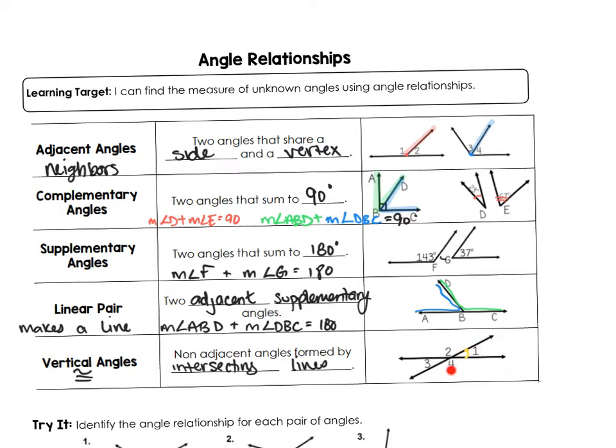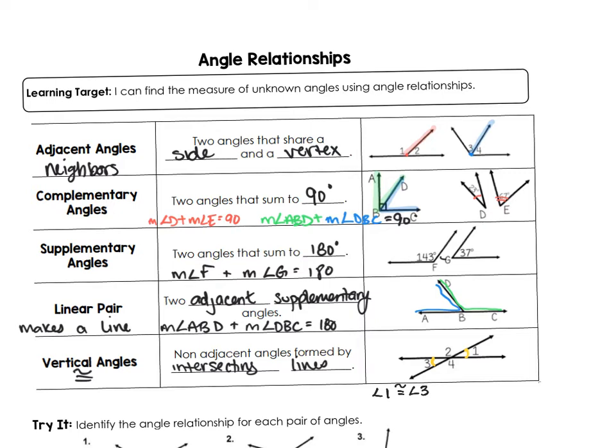And angle 1 is adjacent to angle 4. They share this side. But angle 1 is not adjacent to angle 3. They don't share a side. So I know that that pair of angles are vertical. And I can say that angle 1 is congruent to angle 3.